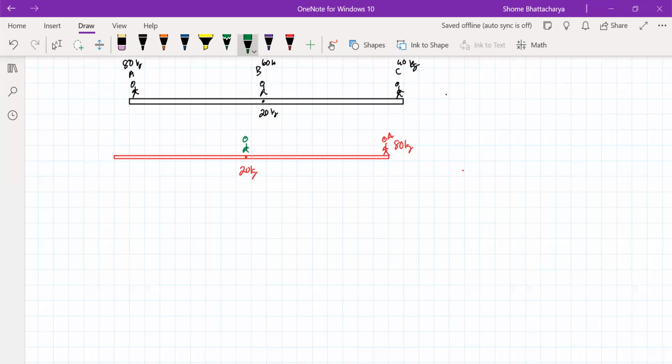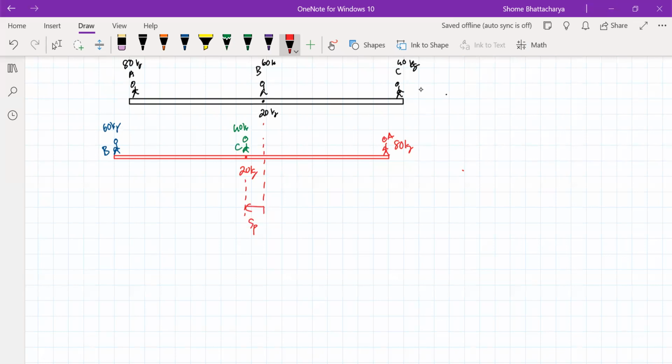So C is here, it's 40 kg. And B has reached the other end. This is 60 kg. Now if I assume that the displacement of the plank during this time is, let's say, X in magnitude like this.